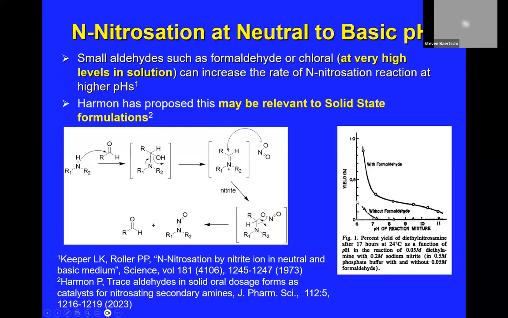So in this graph right here, the yield percent in a reaction study goes way up in terms of N-nitrosation formation. Even at high pH, it's much higher with formaldehyde than without formaldehyde. It's a very low reaction above pH 7 without an aldehyde around, but with an aldehyde around, it's substantial. And it proceeds through this mechanism where reaction with an aldehyde forms this iminium compound, which nitrate can react directly to form a nitrate ester, which then rearranges to form an N-nitroso compound.